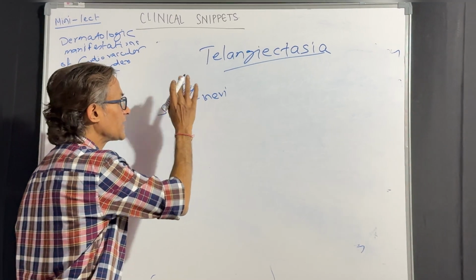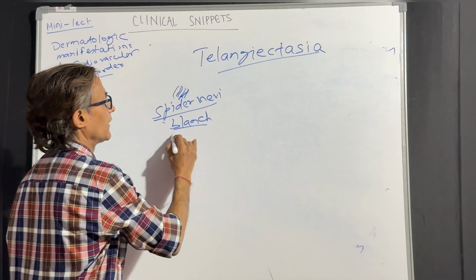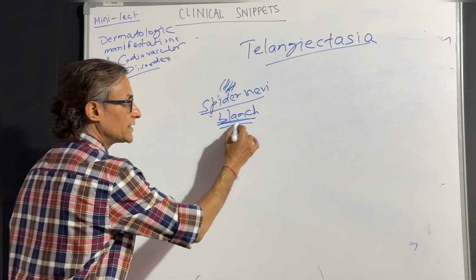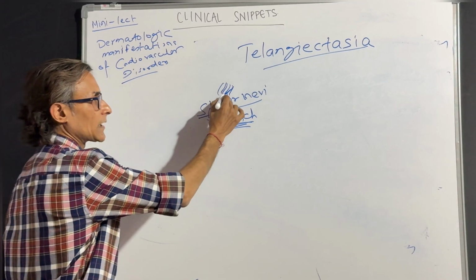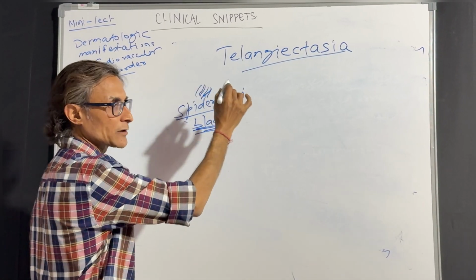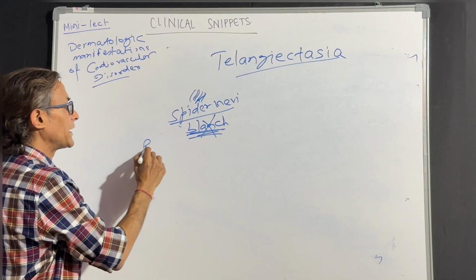When you pinch this, they blanch. Had it been a subcutaneous bleeding, if you pinch, there is no blanching. That is why it is known as petechiae.